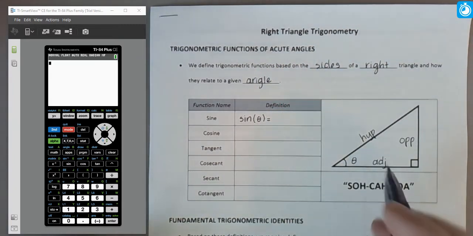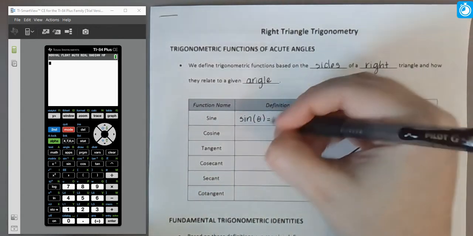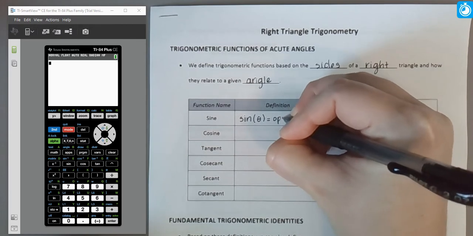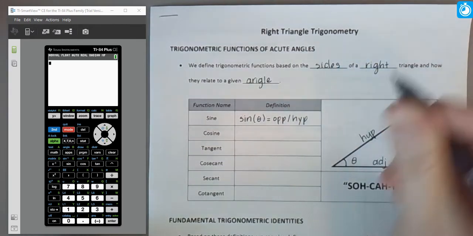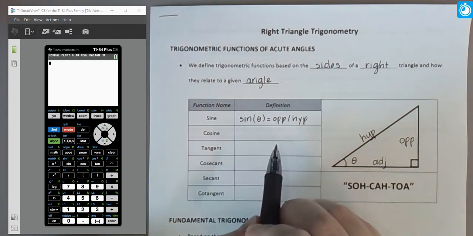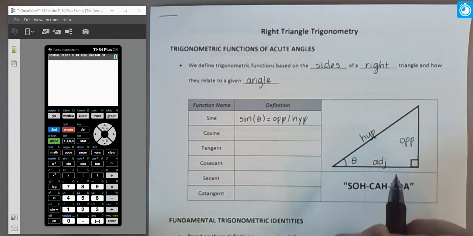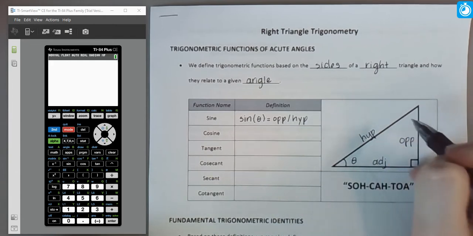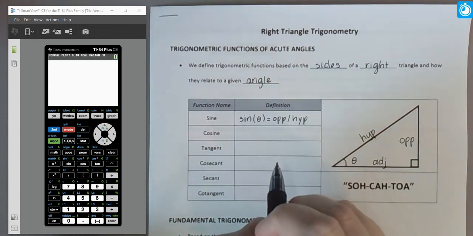Specifically, the sides will be the opposite and the hypotenuse. So sine is defined as the ratio of the opposite side over the hypotenuse. And again, opposite is going to depend on which angle we're talking about. So if we're talking about this angle, this will be the opposite side. If we were talking about this angle, this would be considered to be the opposite side. So sine is defined as opposite over hypotenuse.